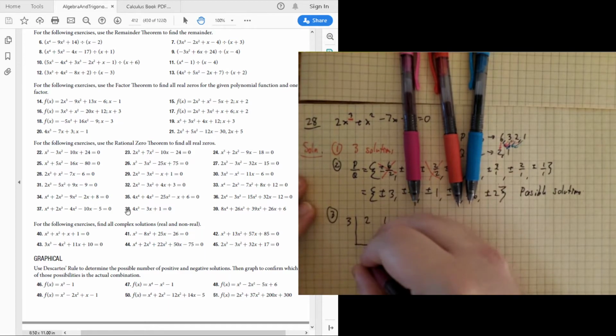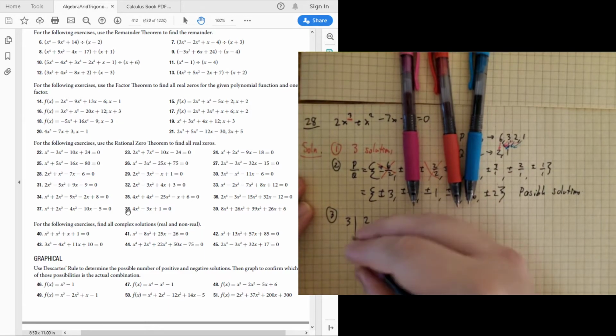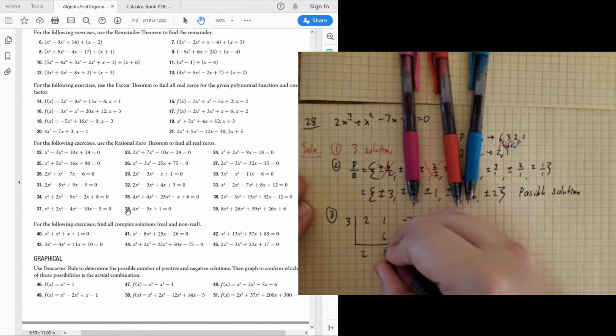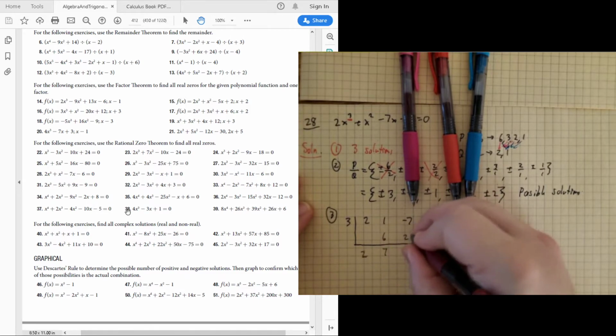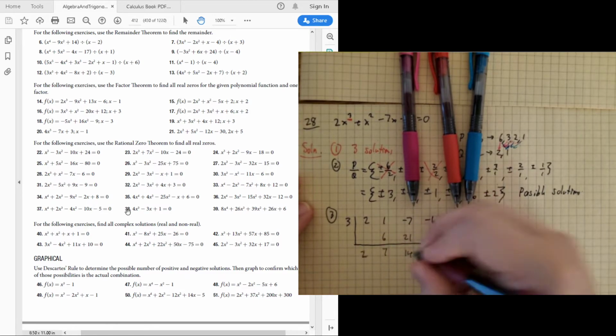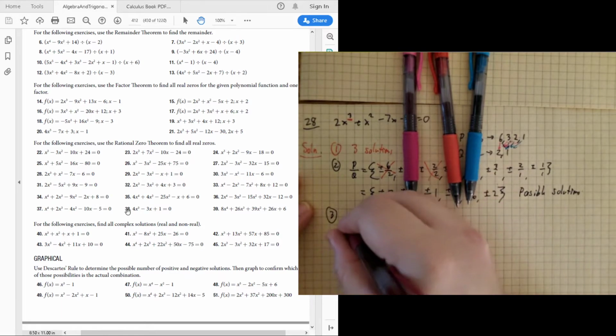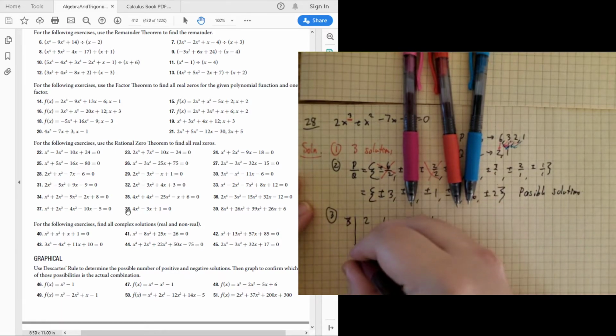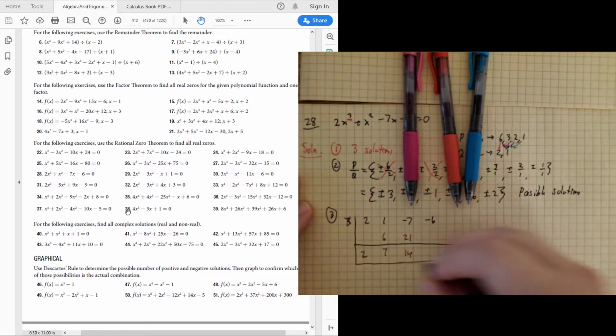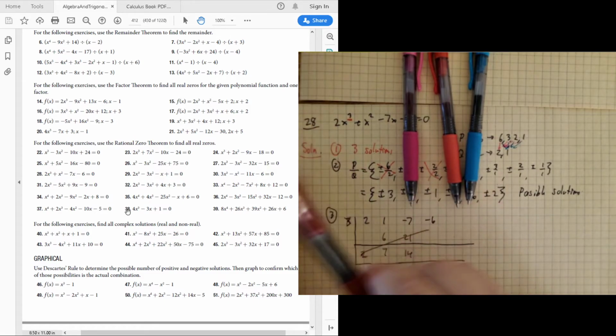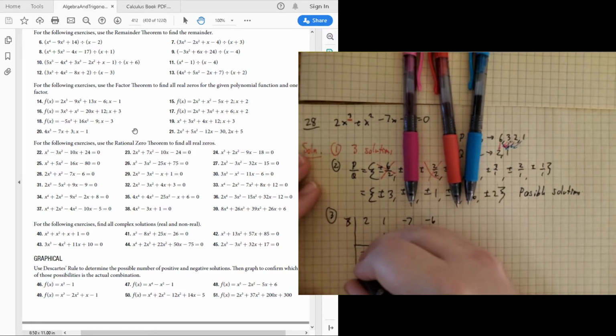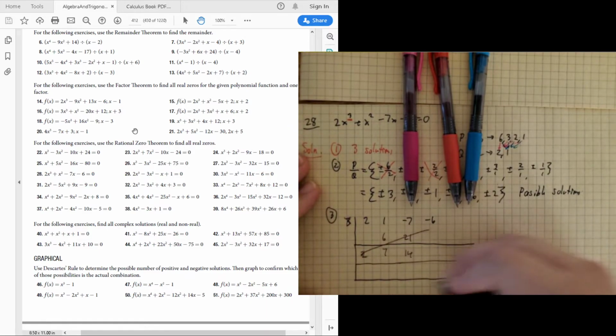I would get 2 because it drops. 2 times 3 is 6. This becomes 7. 7 times 3 is 21, which becomes 14. 14 times 3, I know 3 isn't going to work. So immediately I jump down, and now instead of 3, let's try -3.